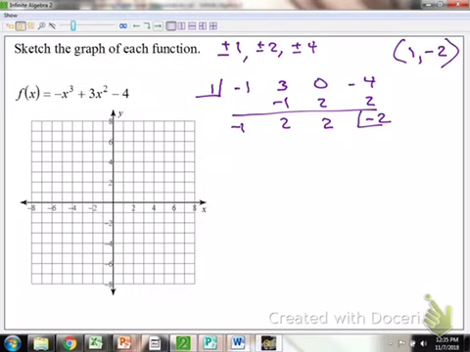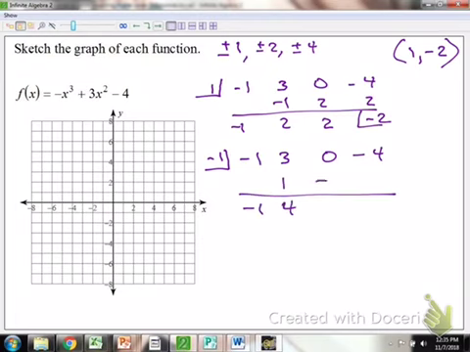So I can kind of store that away and use it for later. Let's see if negative 1 works. If negative 1 is a 0 of my function, that's going to be 1. That's 4. This has got potential. That's negative 4. Let me clean that up a little bit. Negative 1 times negative 4 is positive 4, which gives us a 0 there.